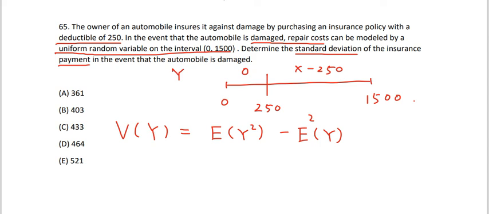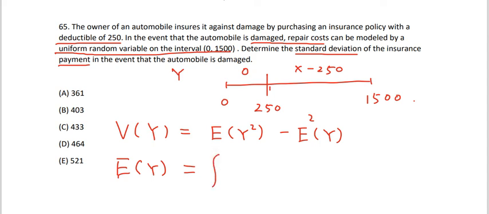So here we need to find E[y] and E[y squared]. E[y]: when x is from 0 to 250, the payment is 0.